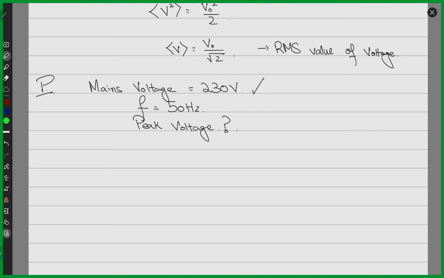This value 230 volts is the RMS voltage, the root mean squared voltage. So if you want the maximum voltage, it's not 230 volts. The maximum voltage that you receive is V naught, this value 230 volts times square root of 2, which is slightly higher than 230 volts.